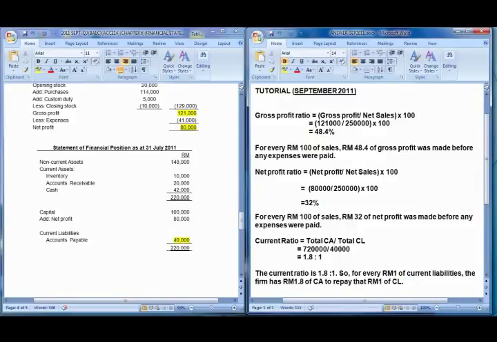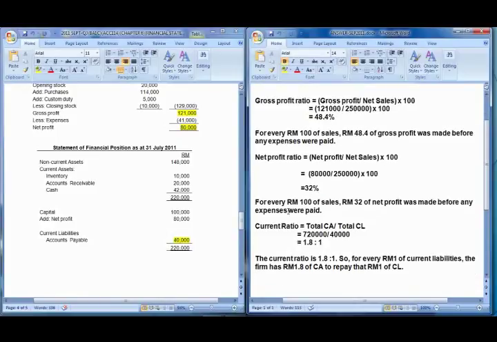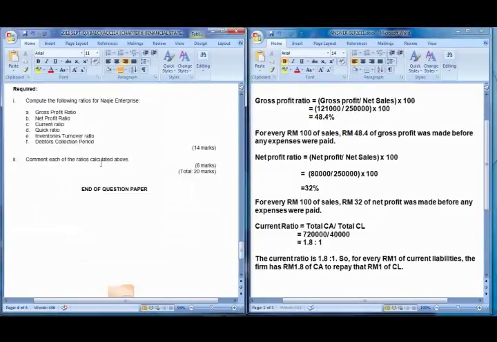Okay, class. I will continue. Now we'll proceed with question number 4, that is how to find the quick ratio. Okay, class. The formula for quick ratio. Saida, can you give me the formula?